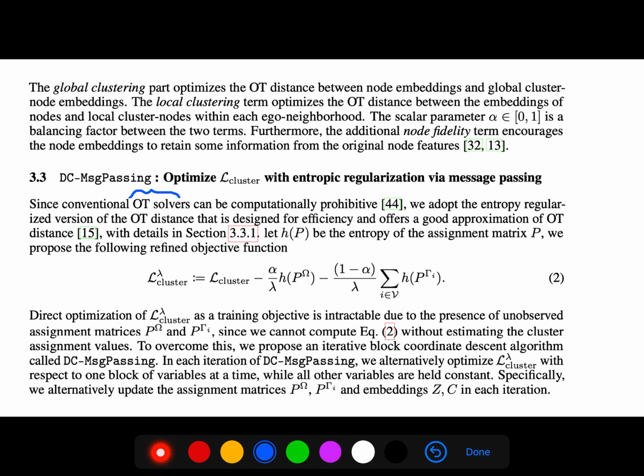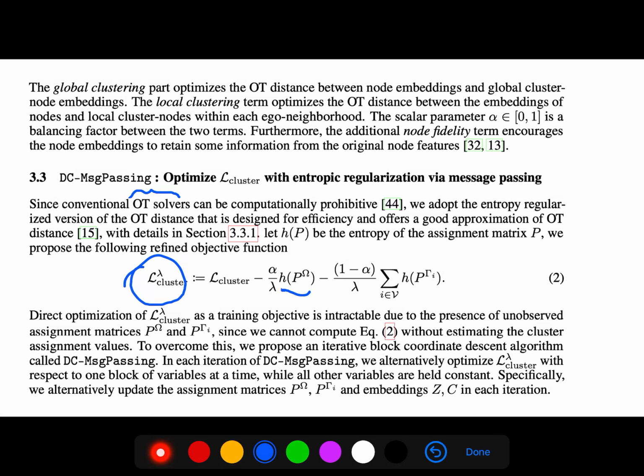So it offers a good approximation of optimal transport. Let H be the entropy of the assignment matrix P. So we can have a refined objective function.